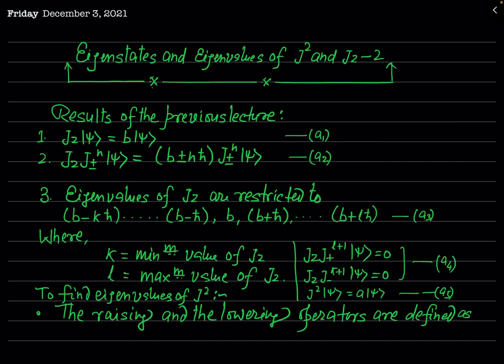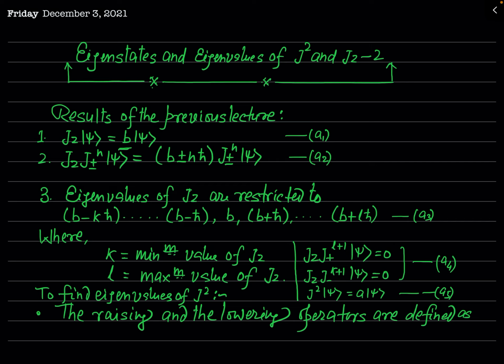You have seen that we wrote the eigenvalue equation for the operator Jz like this: Jz operated on ket psi equals b ket psi. Here the ket psi is the eigenvector, eigenfunction or eigenstate of the operator Jz, and we have assumed that b is the eigenvalue of this operator.